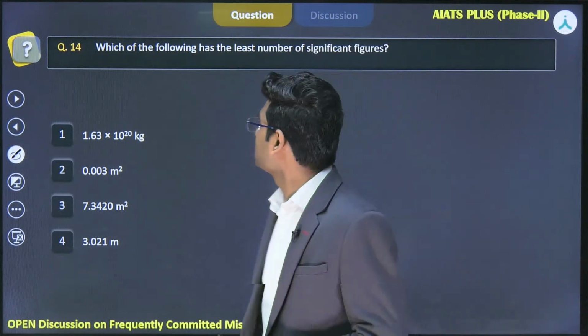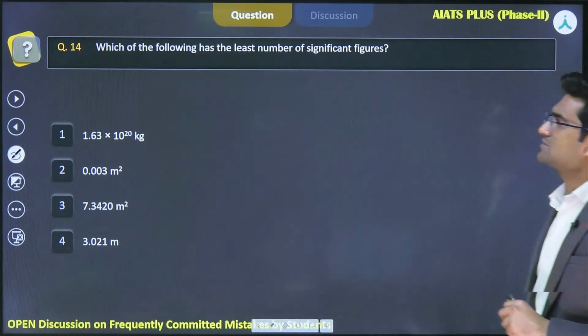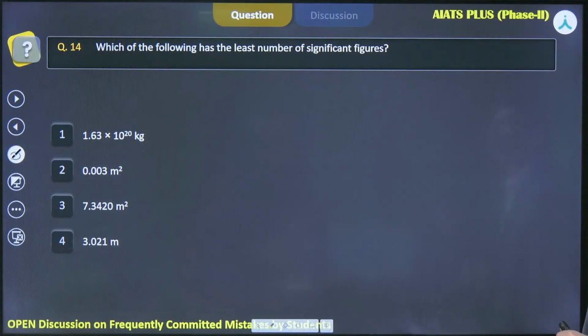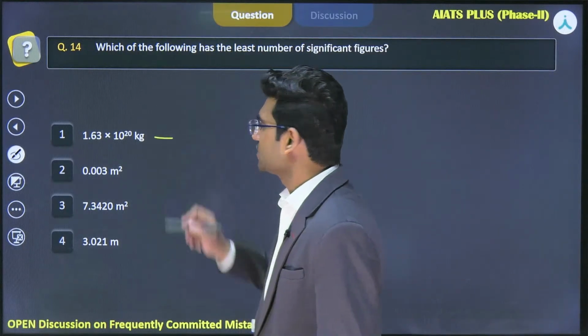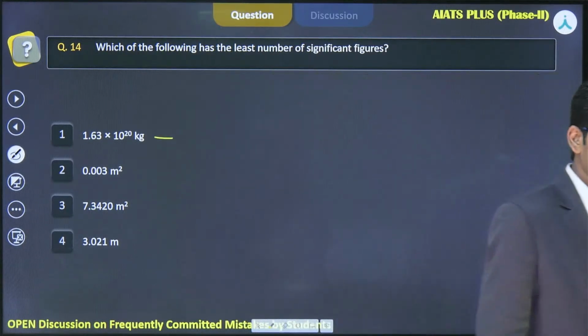This is the next question that says which of the following has the least number of significant figures. First tell me the number of significant figures in the first data.